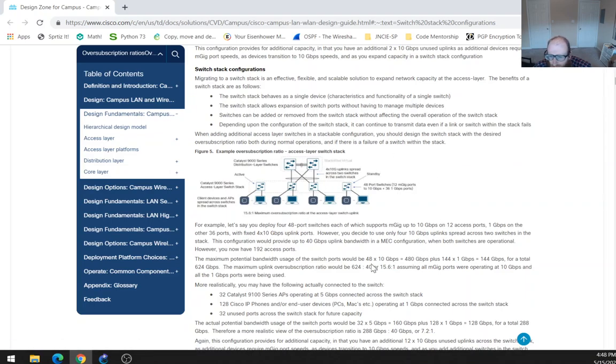So this is what you will typically see as some sort of oversubscription ratio that actually allows for more bandwidth at the access layer than can be processed at the distribution layer. But when you think about it, that does make sense, because the access layer is never going to be fully utilized all the time.